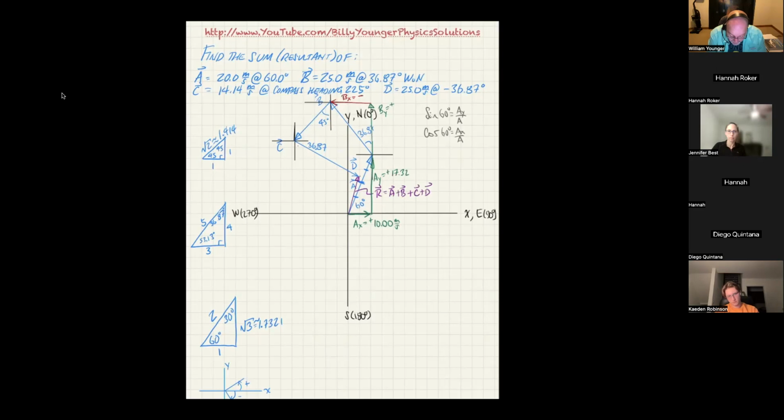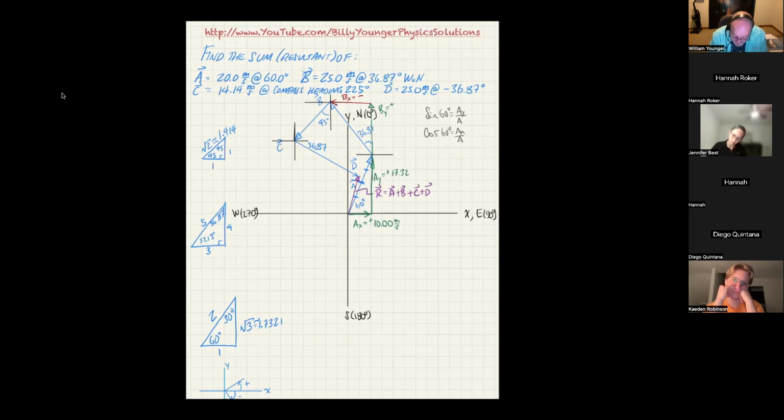And of course, the hypotenuse of the 3, 4, 5 triangle was supposed to be 5, but for RB, we had 25, which means I basically multiplied that 5 by 5. So I've got to multiply the 3 by 5. That'll give me 15, which is supposed to be the opposite of the 36.87 degrees.